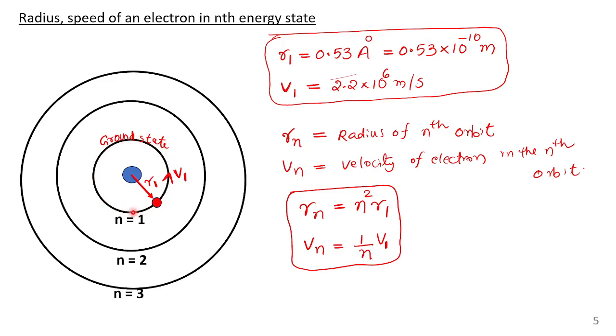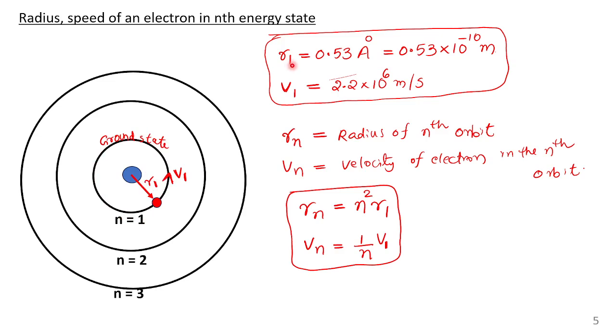If the electron is in the ground state, the orbit number is 1. The radius of the electron in the first energy state is denoted by R1. R1 is the radius of the first circle, that's all.